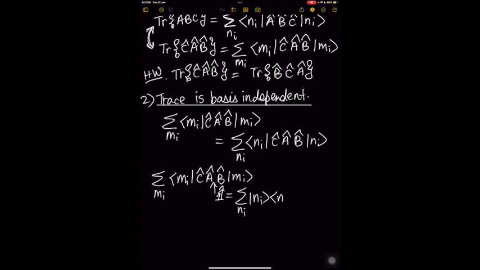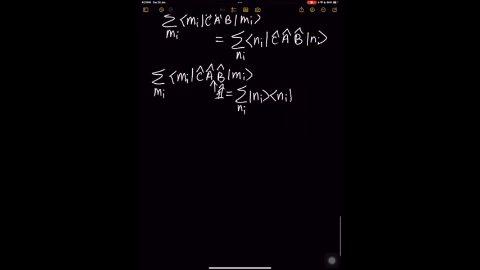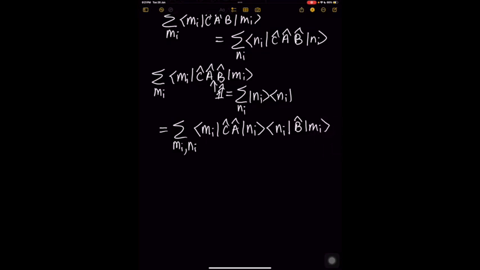I will introduce these states, and then I will do the same thing where this yields the sum over all m sub I and n sub I, bra m sub I, c hat, a hat, ket n sub I, bra n sub I, b hat, ket m sub I. Now, what you could do is bring this quantity here.